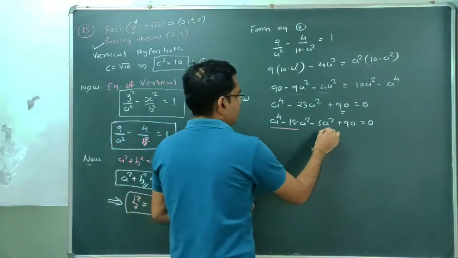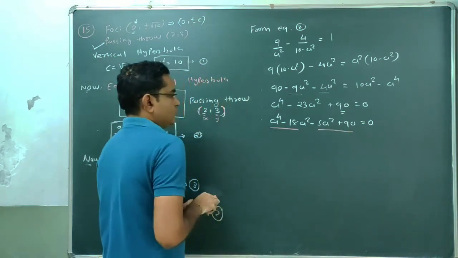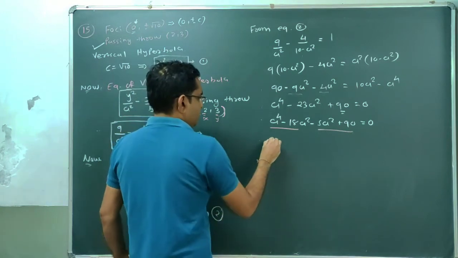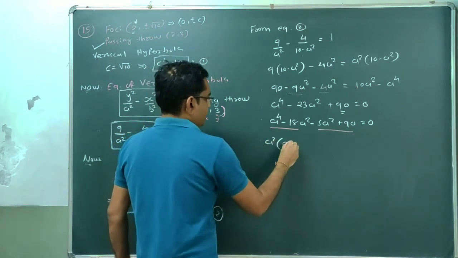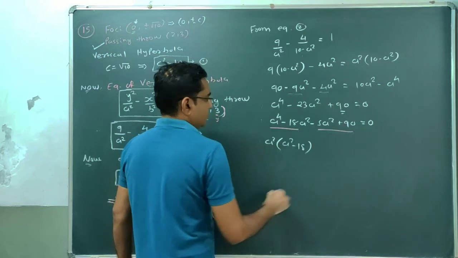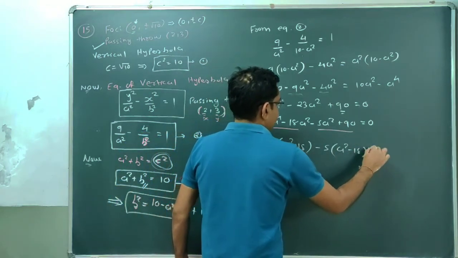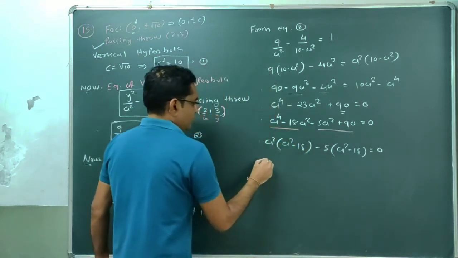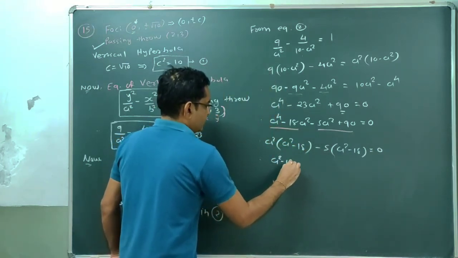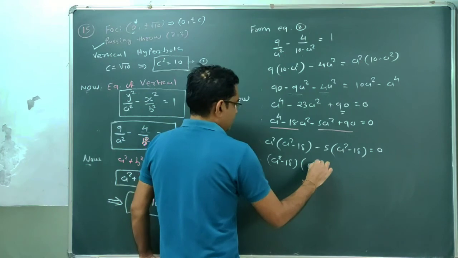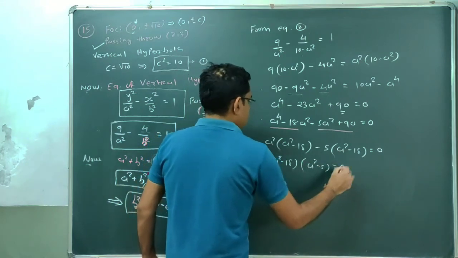Factorization by grouping, first group and this is our second group. So here a square is common. So this will be a square minus 18. Now minus 5 will be common. This is a square minus 18 equal to 0. So we are having two factors, a square minus 18 and a square minus 5 equal to 0.